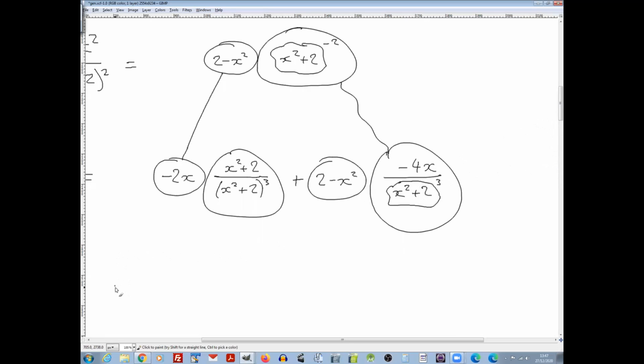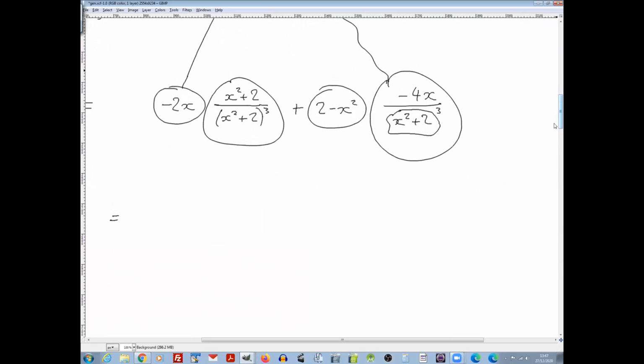Right, and now, realizing that we've got one big fraction here because of the common denominator, what's on top of the fraction? It is minus 2x cubed. Good. Minus 4x. Plus. We could put plus and then put a positive.